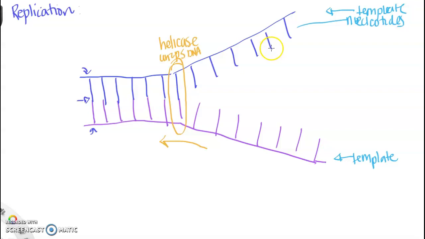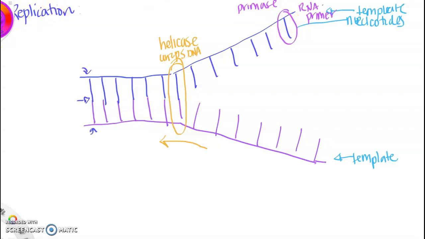So after the DNA strand is unzipped by the helicase, we have to have a starting point here. So we have another enzyme called primase, and what it does is it connects an RNA primer to the beginning. So this is the start of it, that RNA primer.